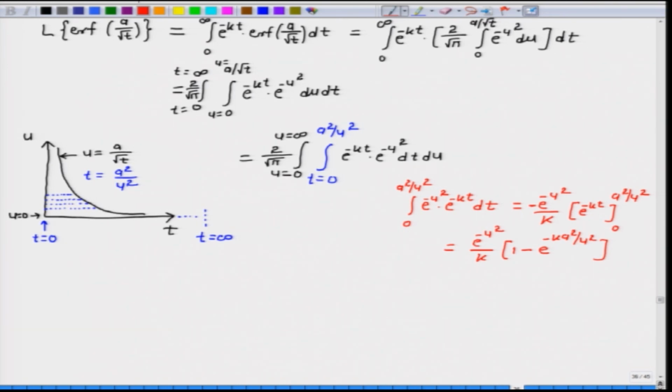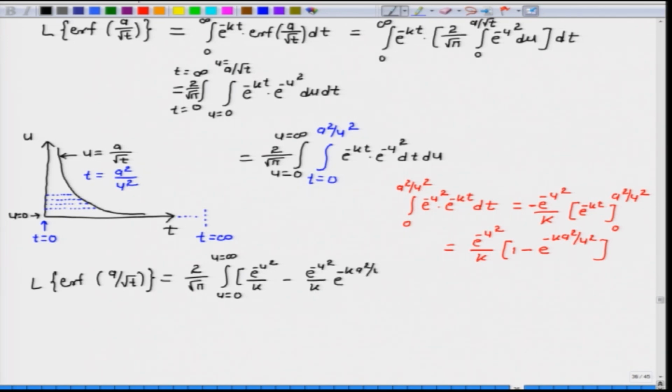So, the Laplace transform of error function a by root t should be equal to 2 over root pi integral u equal to 0 to u equal to infinity. We evaluated this inner integral, which should be e to power minus u square by k minus e to power minus u square by k times e to power minus k a square by u square du.